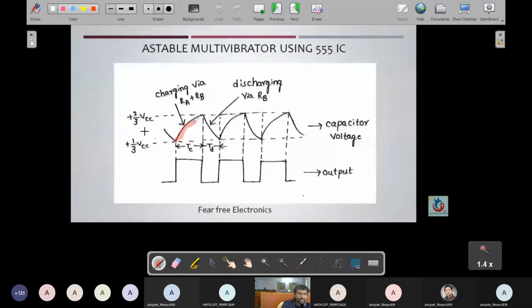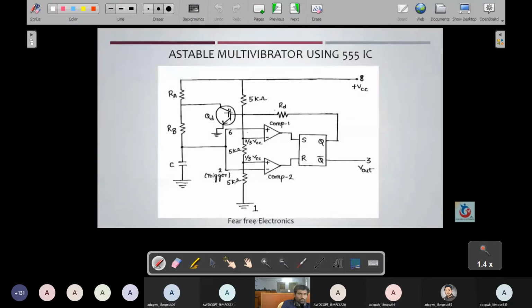So every time, the capacitor charges via RA plus RB and discharges through RB. Why? Because whenever this transistor is activated, it is short circuited.